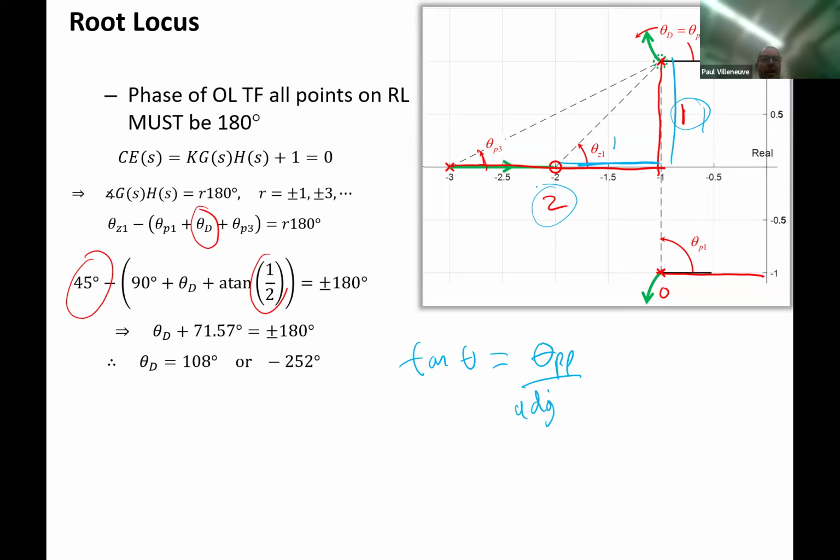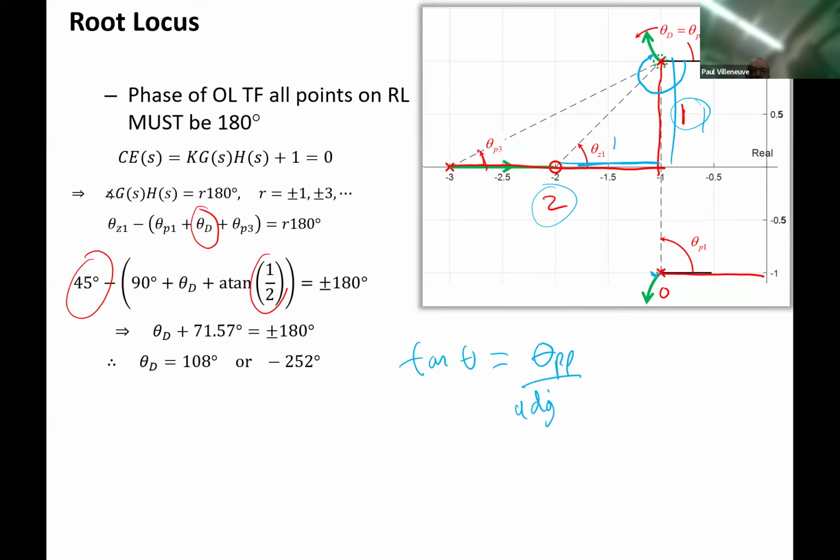All right, so when we add that up, this angle of departure has to be minus 252 degrees. Okay, that means we have to rotate minus 252 to get that first point where it leaves. How about you guys calculate what the angle of departure needs to be over here? Can you do that?